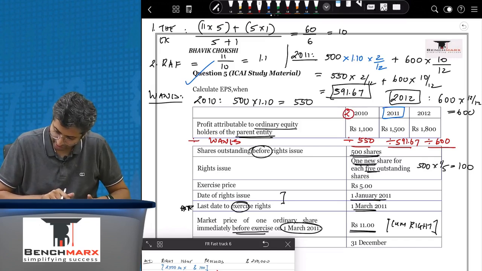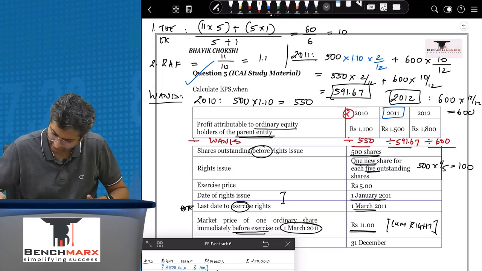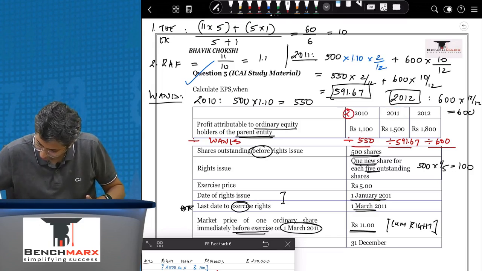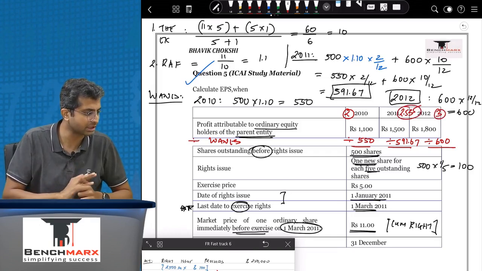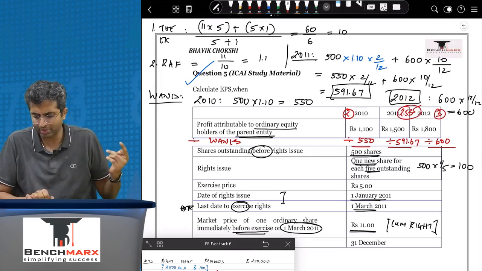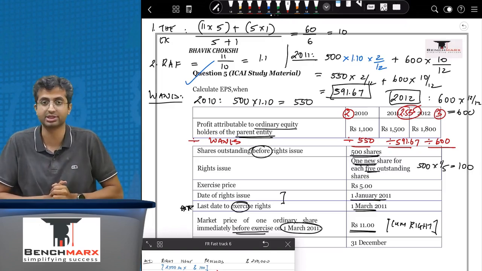Then 1500 divided by 591.67, so your EPS is 2.535. And for 2012 it is 3. So these are your 3 numbers. I hope you have got this correct. The reported EPS, if you open the last year's report, would have been 1100 divided by 500, and hence it might be 2.2, but the restated EPS is actually 2.